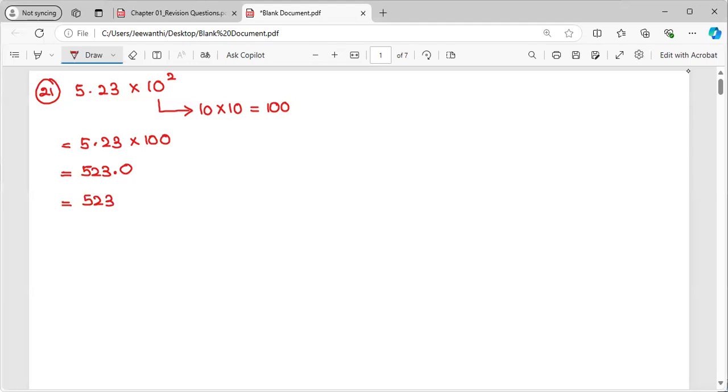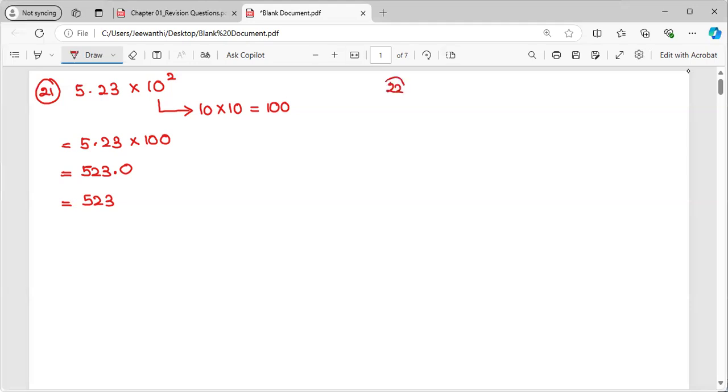Then in the last step, I just wrote 523 because there is no point of keeping the decimal point and 0 at the end; nothing changes with the value. So there are 2 reasons: I wrote 523.0 to show the decimal movement, and at the last step I just wrote 523. Every step has a purpose.